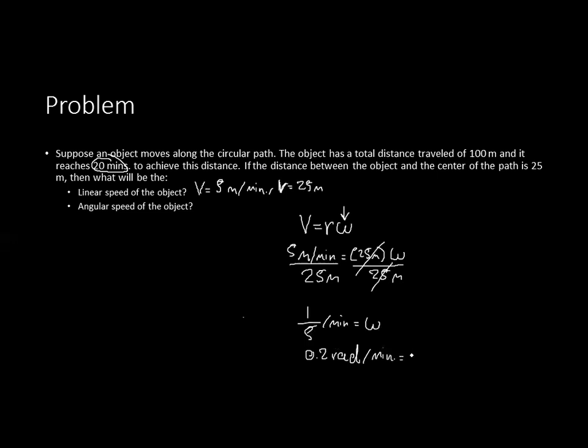Now here's the question. Why do I put radians, despite the fact that there's no radians here? Two reasons. First, if we're talking about angular distance, it should have an angle, right? We should have an angle. Second reason is that radian is unitless. What does it imply? It implies that it has no units. Okay?